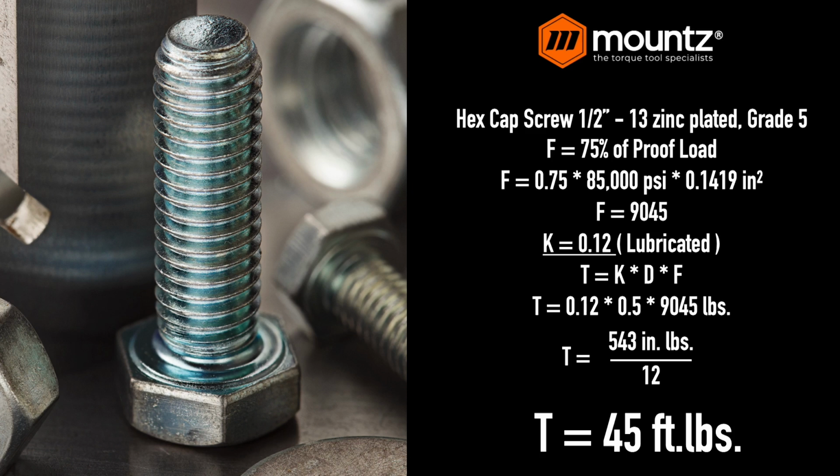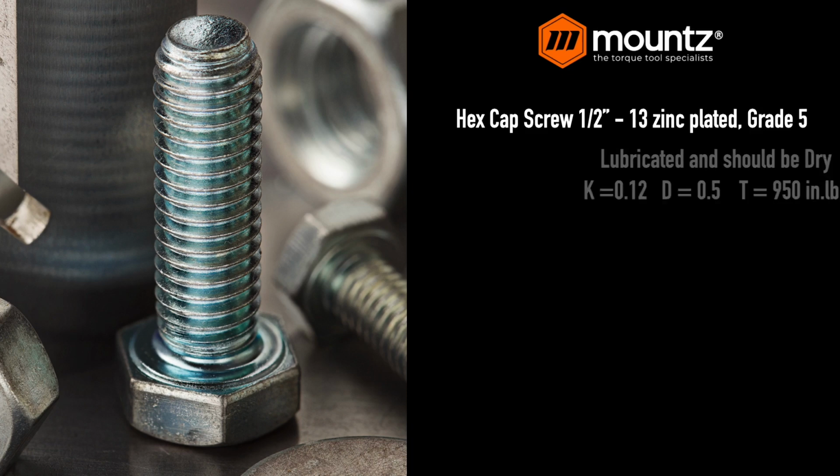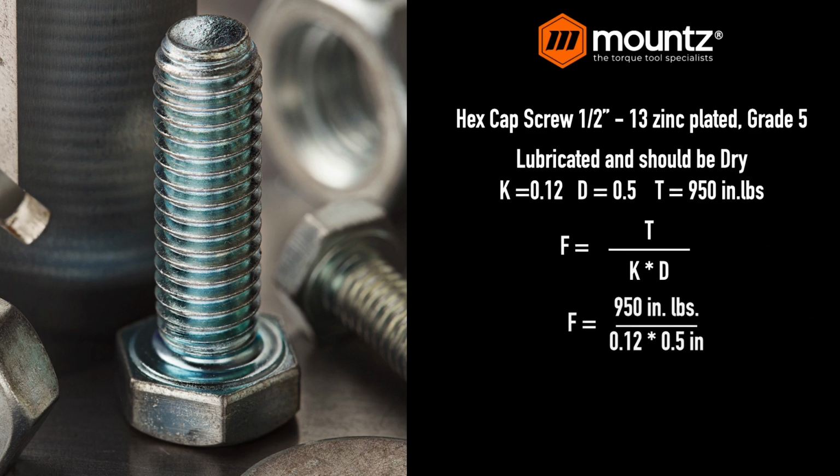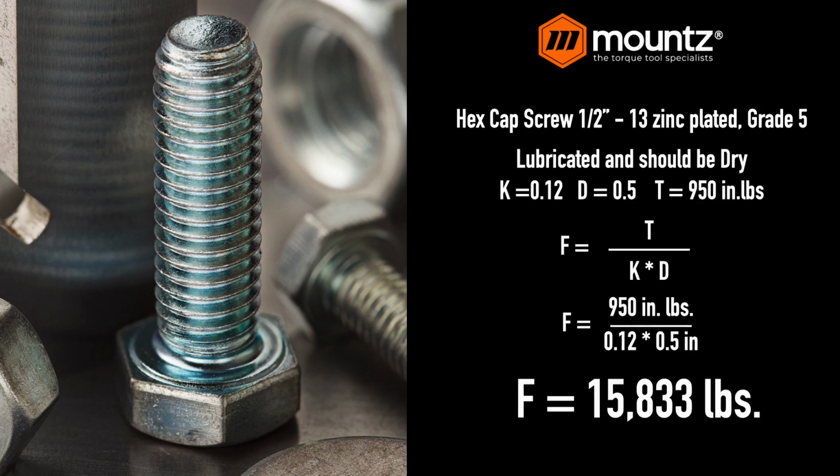The issue becomes if somebody uses a lubricated fastener for the dry fastener, then we might run into some problems, because if we calculate that using the lubricated fastener, that is going to put us at a force value of nearly 16,000 pounds of force as compared to the 9,000 that we needed with the lubricated fastener and its torque value.